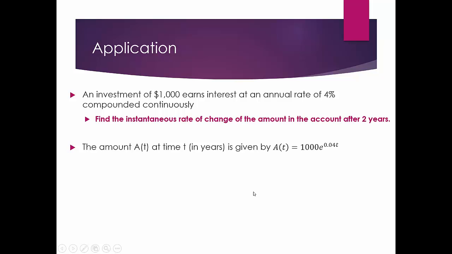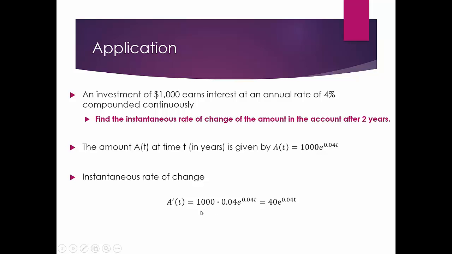All right, well, let's see. The instantaneous rate of change of the amount. The first thing I do is set up my continuous formula, so my P, which is principal, 1,000, e raised to the rt. Instantaneous rate of change says find the derivative.